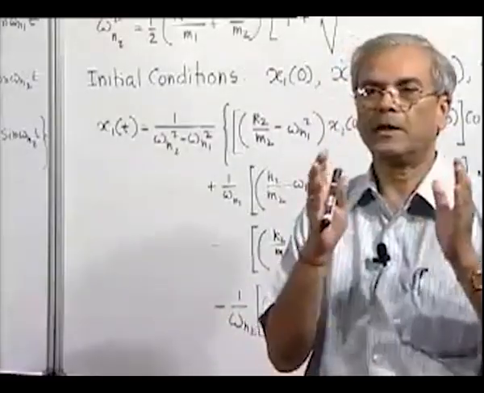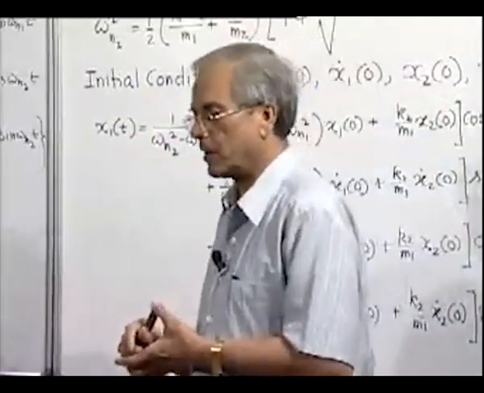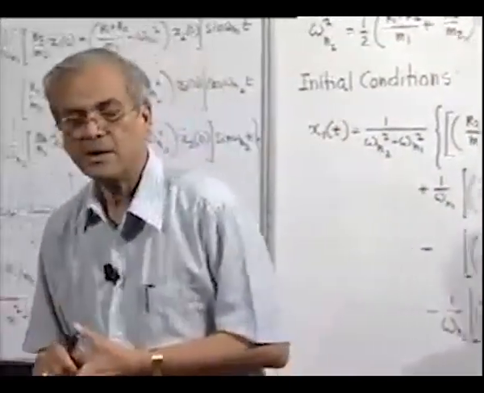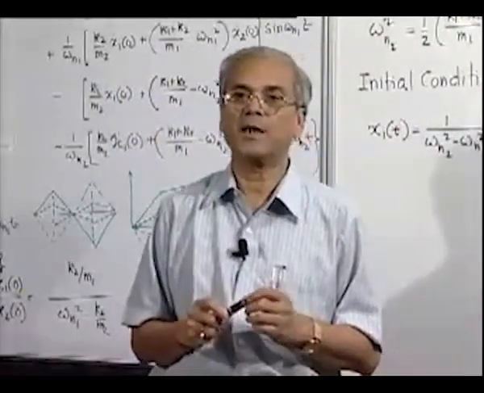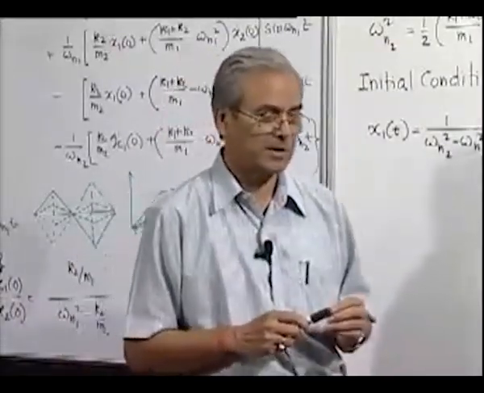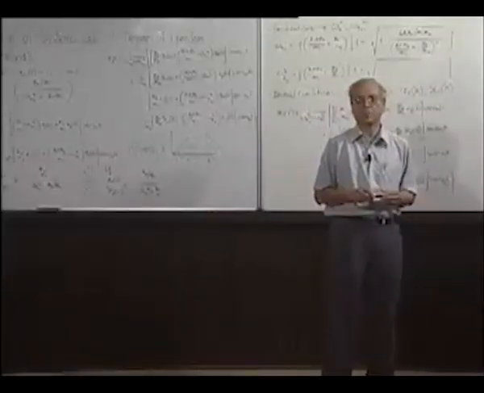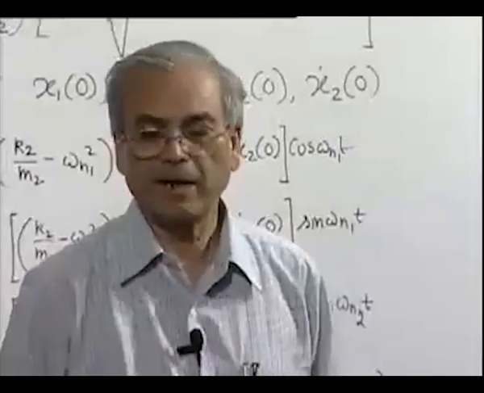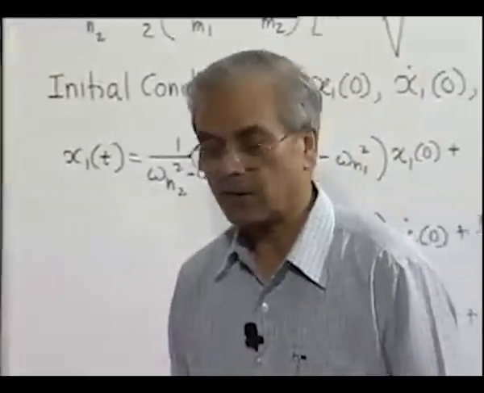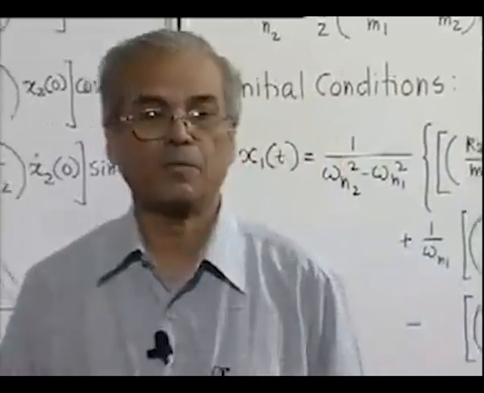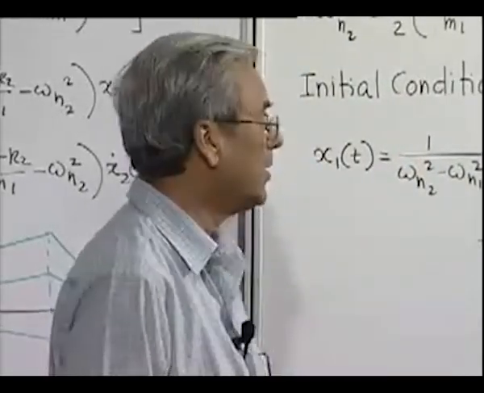Just like an arbitrary function can be expressed in the form of a series of simple harmonic functions like a Fourier series, here also it is quite easy to understand that any kind of oscillation can be always represented by a combination of its natural mode oscillations.